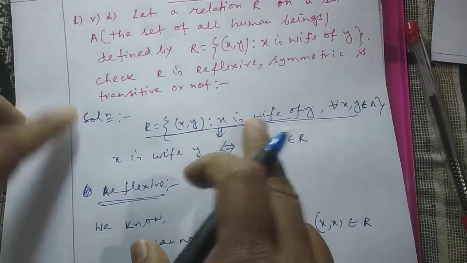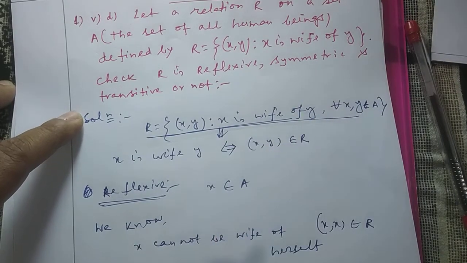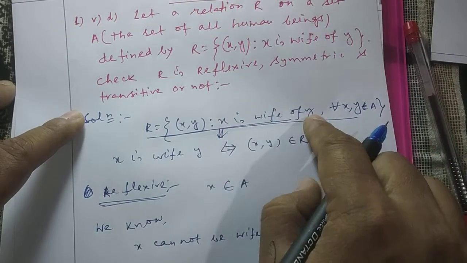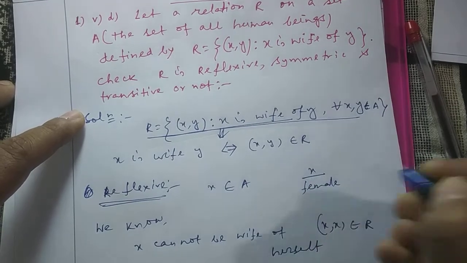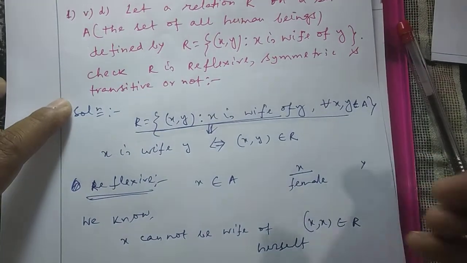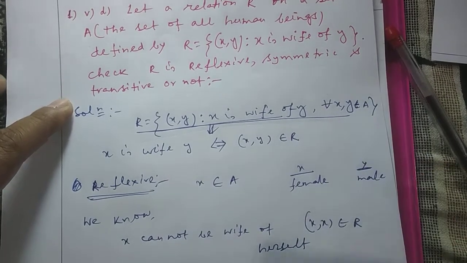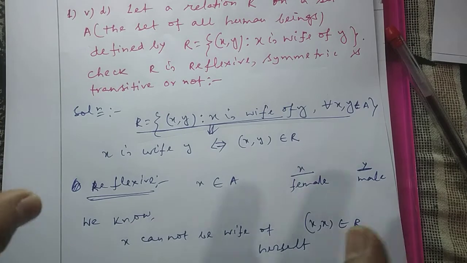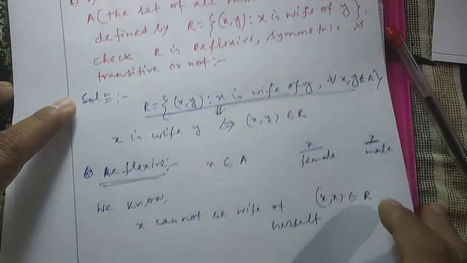Then how are x and y related? x will be wife of y. So it is clear here, since x is wife of y, obviously x will be female. And y will be husband, obviously, so y will be male. That means it is clear here, x will be female, y will be male.